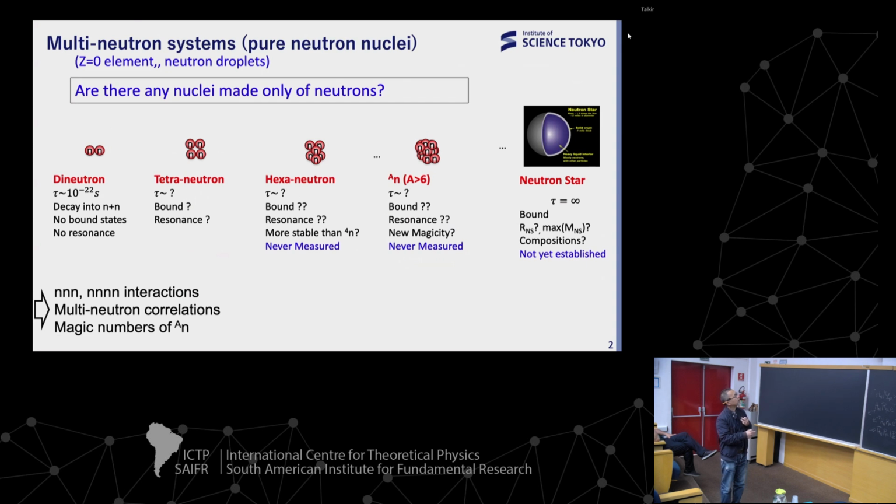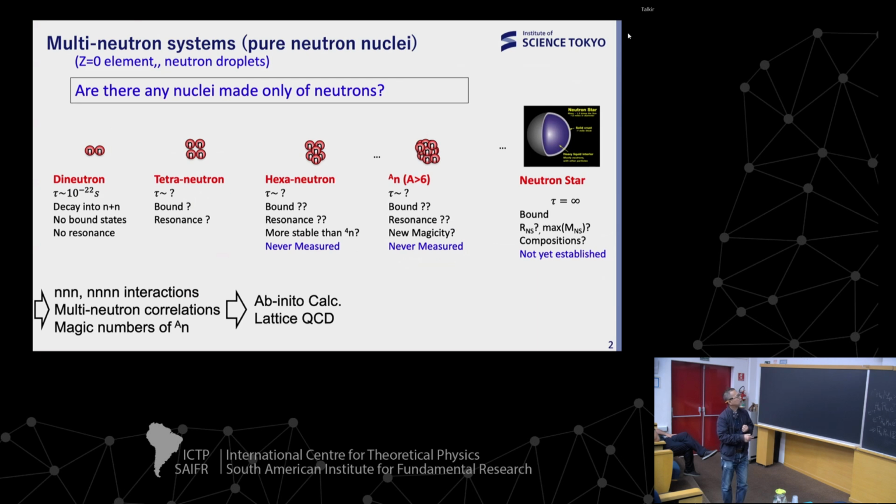Okay, so our interests are mainly the few-body systems and these tetraneutron, hexaneutrons. Those are important benchmarks to understand 3 neutron forces, 4 neutron interactions, neutron correlations, multi-neutron correlations, and magic numbers, and so on and so forth.